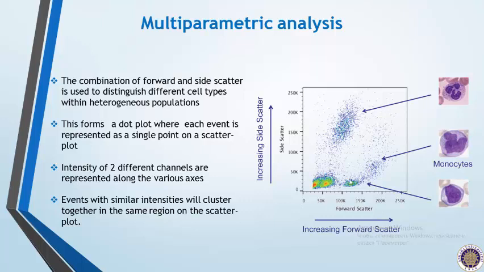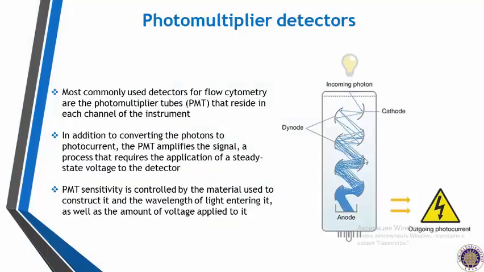Usually the multiparametric analysis is a routine. So how do photomultiplier detectors actually work? In photomultiplier detectors, photons of light energy enter through a window and hit the photocathode. If the photon is of sufficient energy, it will eject an electron due to the photoelectric effect.